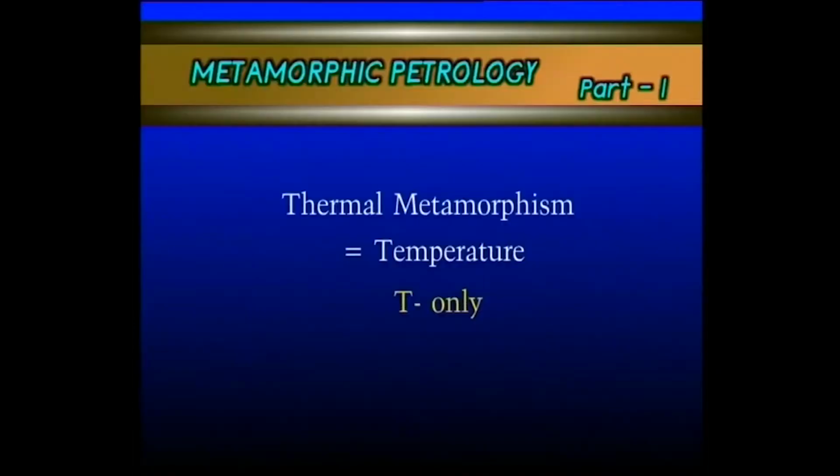Now just take the first factor, that is thermal metamorphism. Particularly in this, temperature is the important factor in the change of any rock. Let us say an intrusive body is intruded into country rocks.